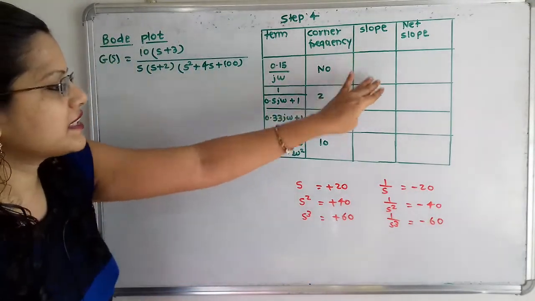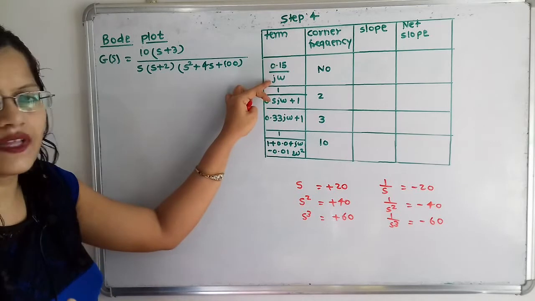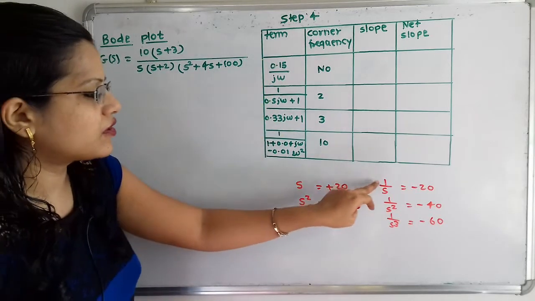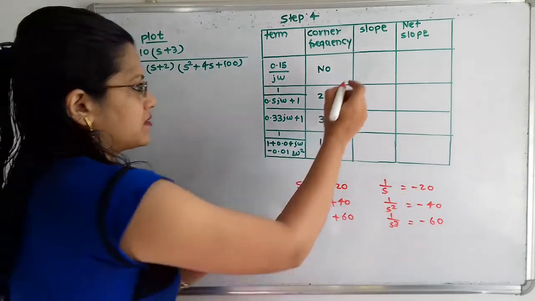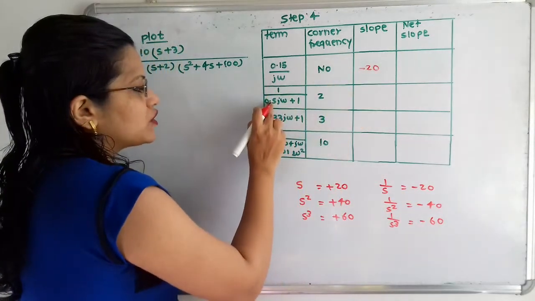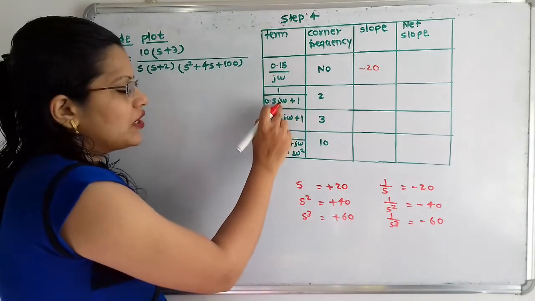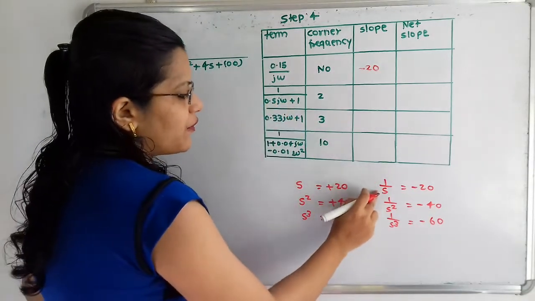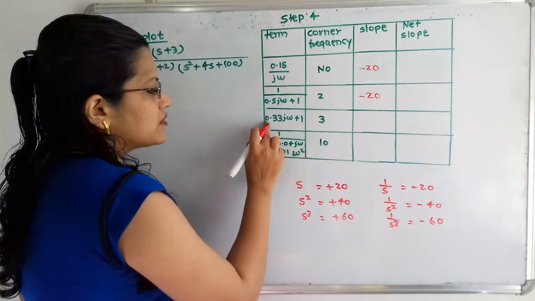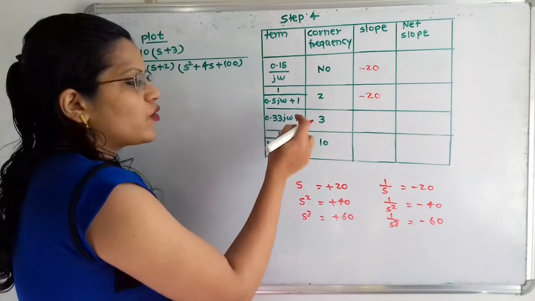Now we will decide the slopes. Here the j omega term is in the denominator with order 1, so 1 by s, that is minus 20. Then here also 1 divided by 0.5 j omega plus 1. Order 1 is there, so 1 by s, that is minus 20. Then here 0.33 j omega plus 1.